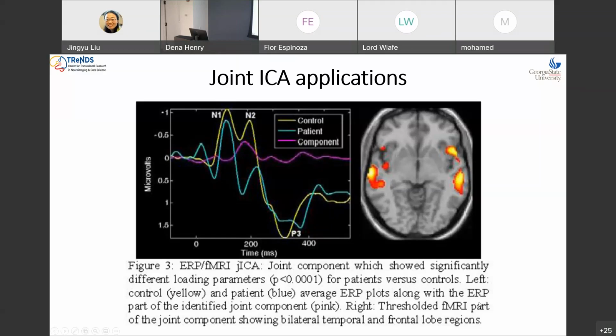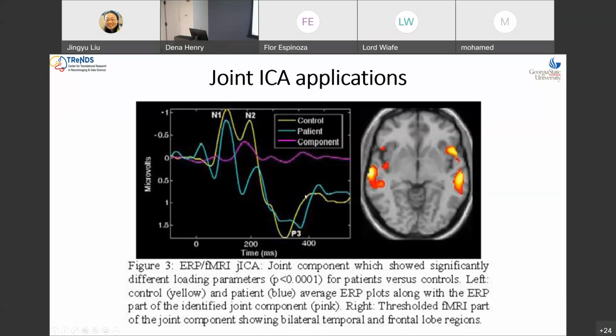You can see that activations in the bilateral inferior frontal and temporal regions are linked to the P3 and N2 components. So the activation pattern in location and the temporal profile are shared. Their variation pattern across subjects is shared, so they can be thought of as a joint component.